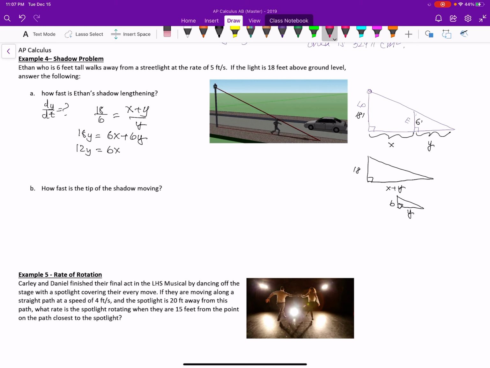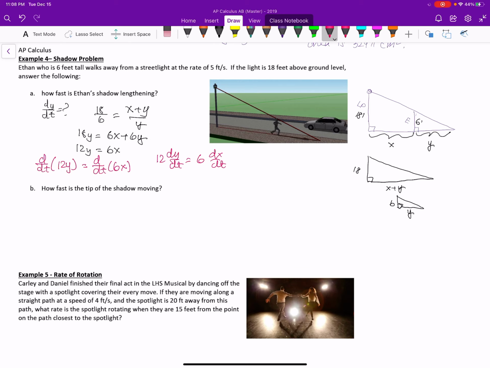Now I'm ready to take the derivative with respect to time. We have d/dt of both sides. That's going to give me 12 dy/dt is equal to 6 dx/dt. Let's see what's missing.